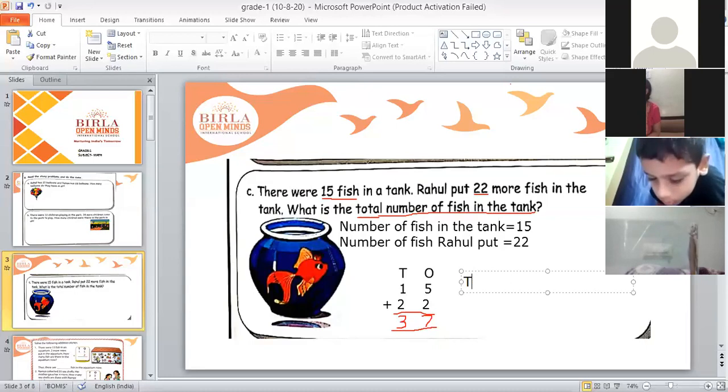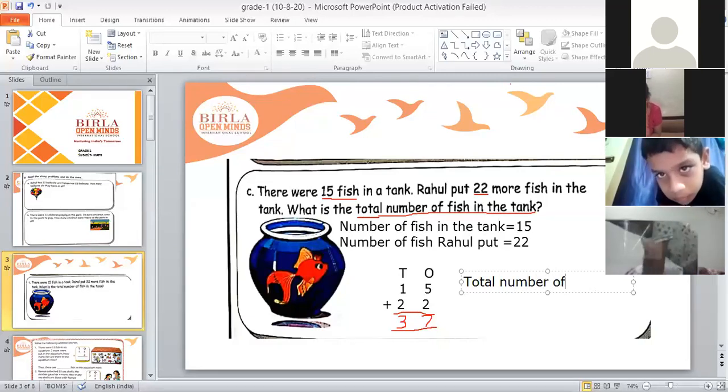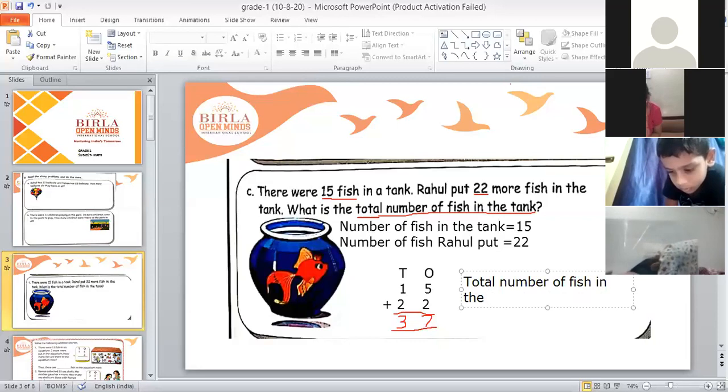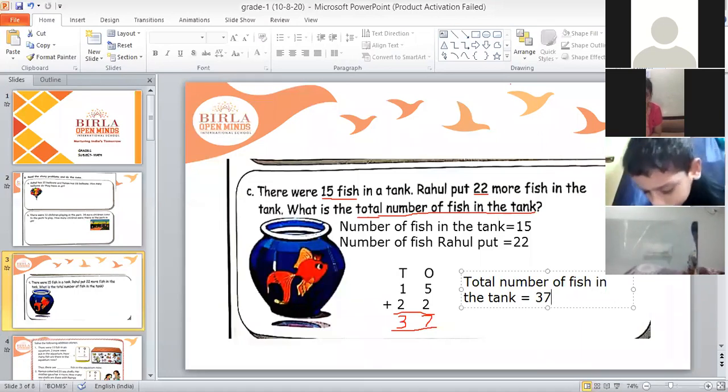Total number of fish in the tank equal to 37.